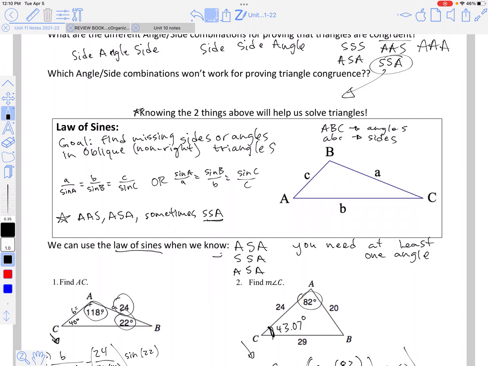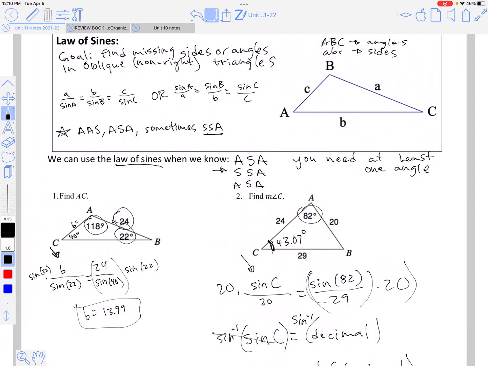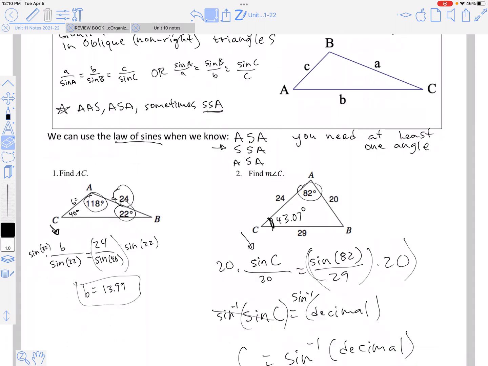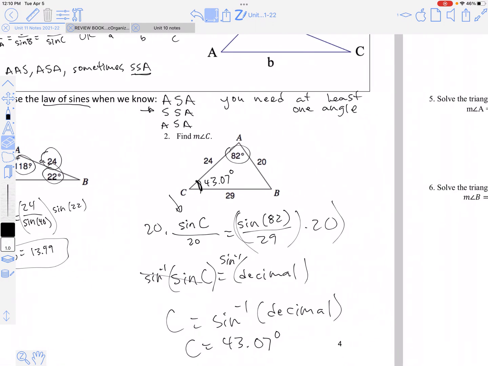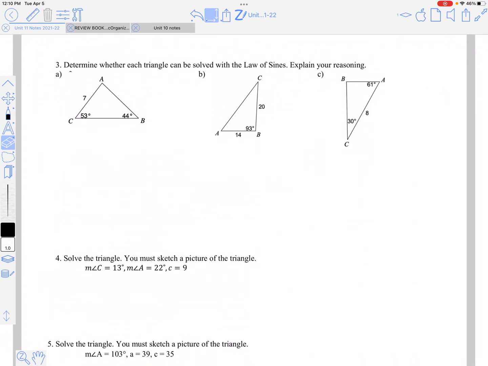But we do need to be careful with this one. It'll always work if you know all the sides. But if you only have side, side, angle, you do have to be careful, and I'll show you an example of why.